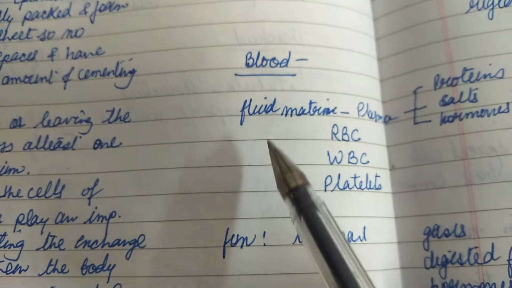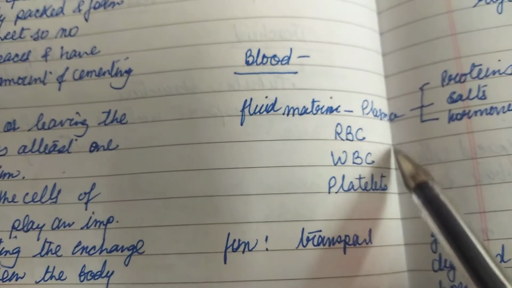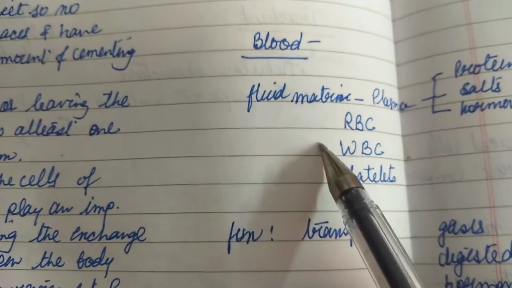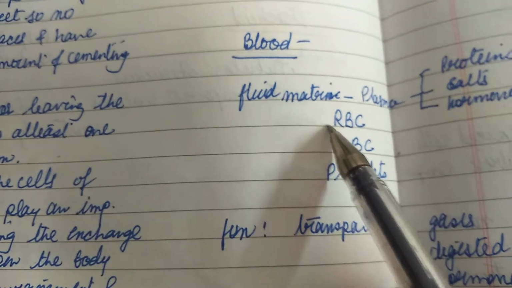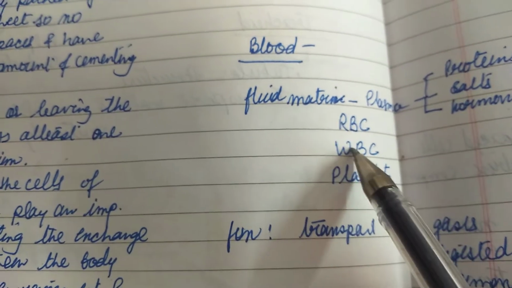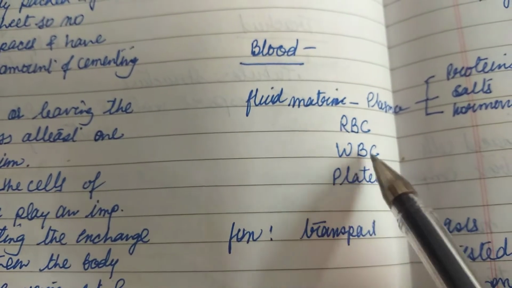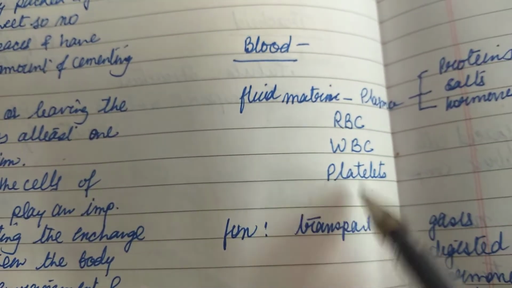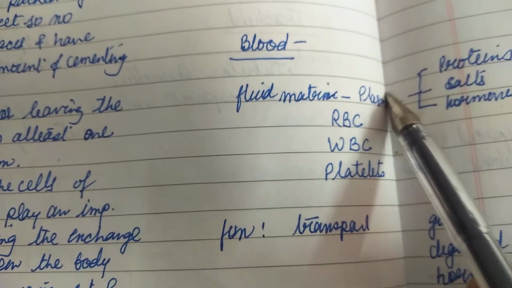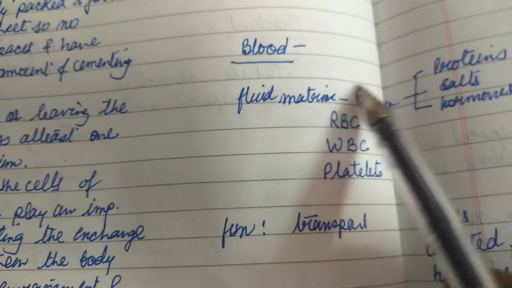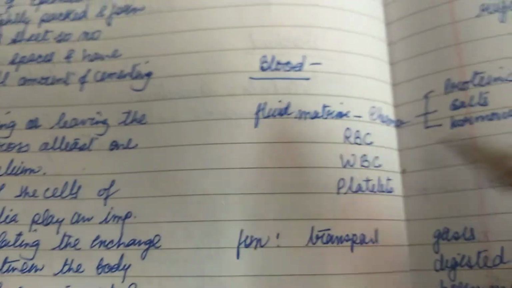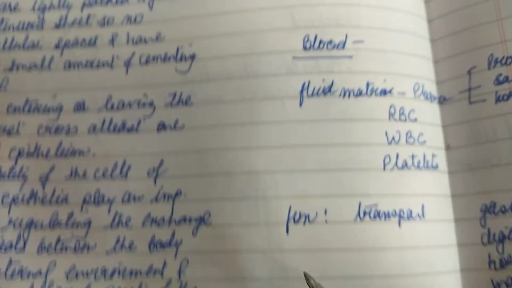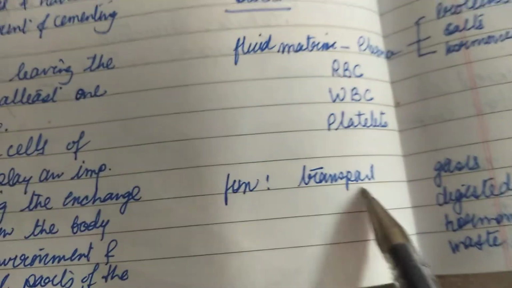In this fluid matrix the cells are loosely arranged, and the cells are RBC, that is red blood corpuscles, WBC, white blood corpuscles, and platelets. These cells just move in the plasma, and its function is transportation.